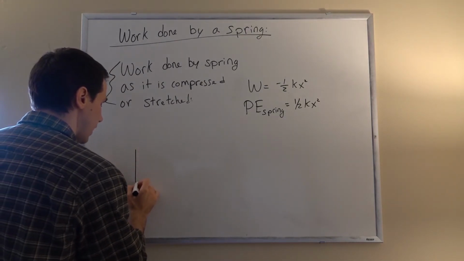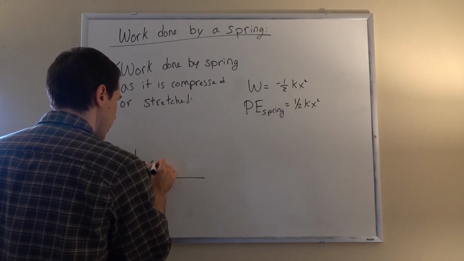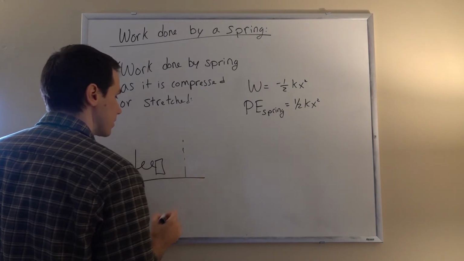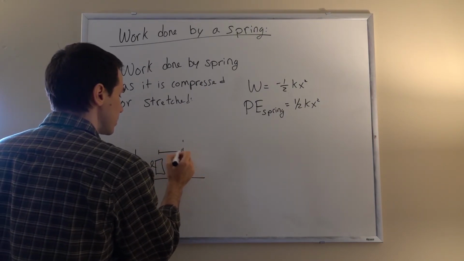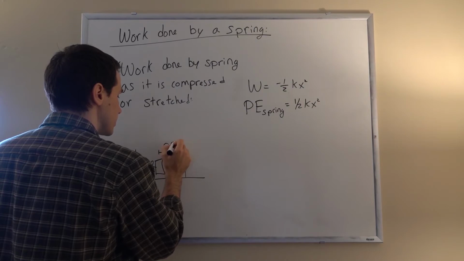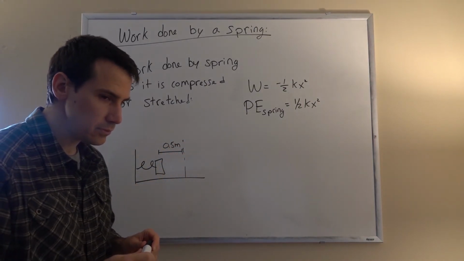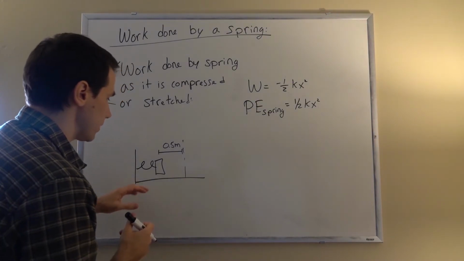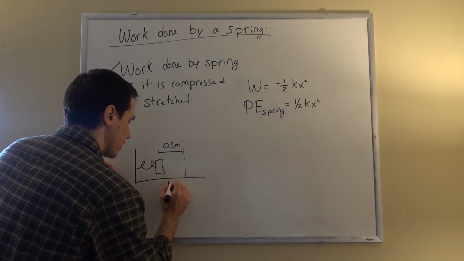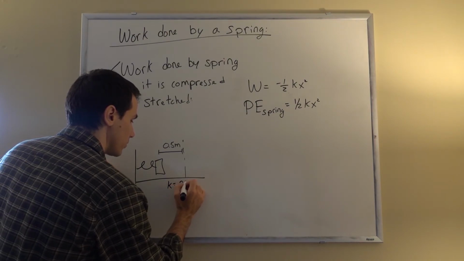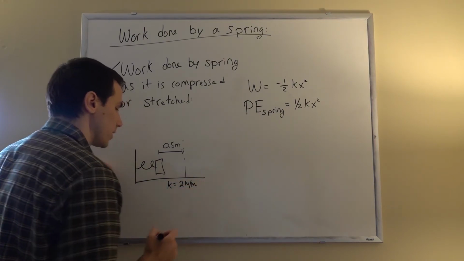Let's imagine that we have a spring attached to a mass, which is initially compressed a distance of 0.5 meters. And let's imagine that this spring has a spring constant of 2 newtons per meter.